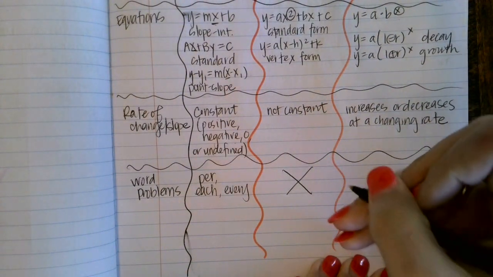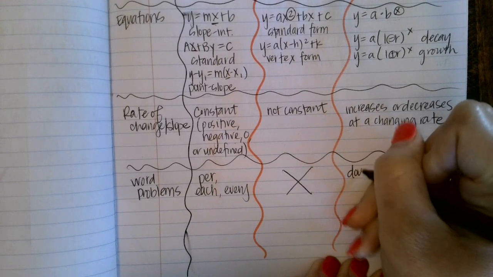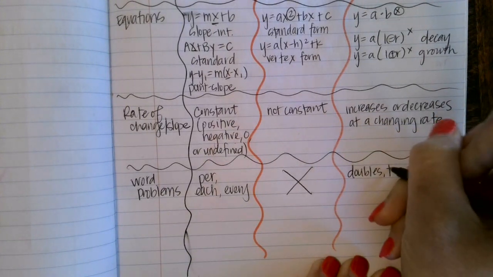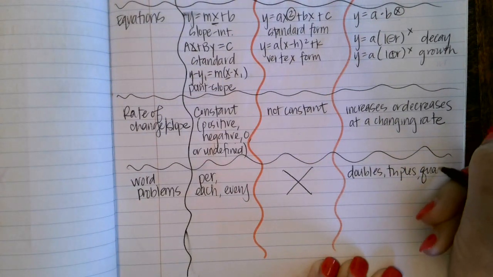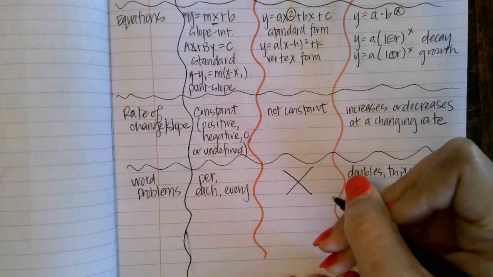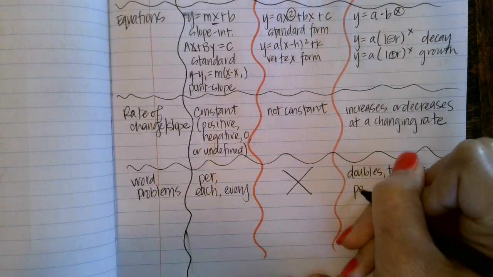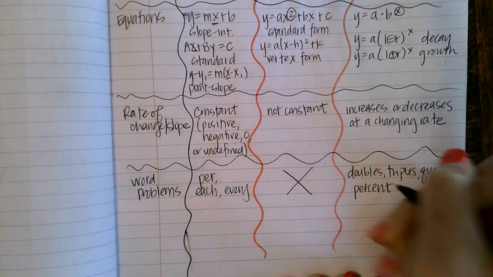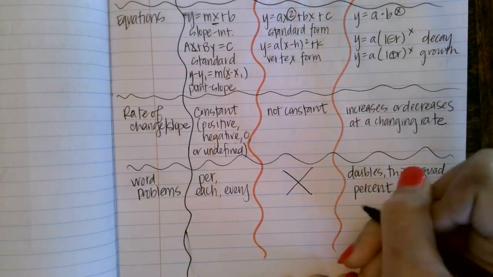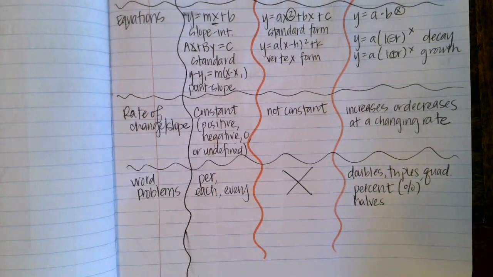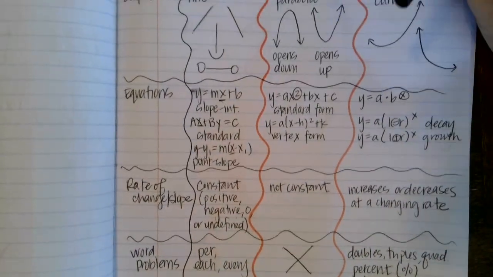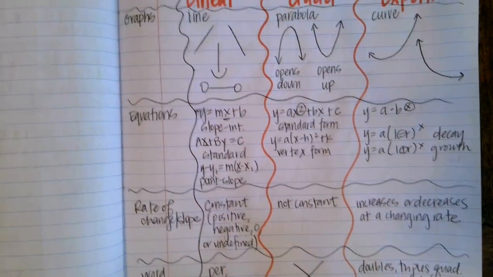In exponential word problems, you'll hear things like doubles, triples, quadruples, percent, halves, and examples like that.